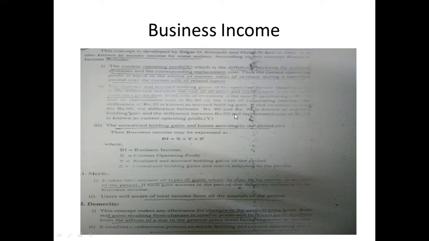The difference between 90 rupees and 50 rupees is nothing else but your current operating profit. 90 minus 50 is what? 40. 40 means 10 rupees is the amount which you have due to the accrued holding gains. 30 is the total amount of holding gains, right?